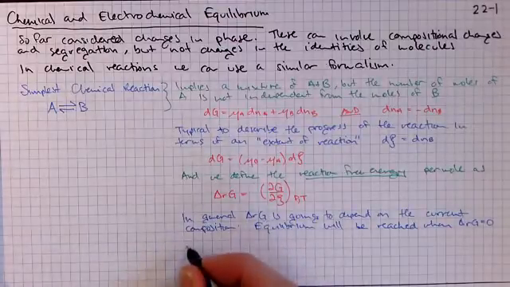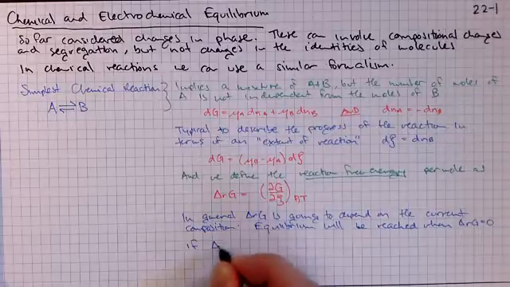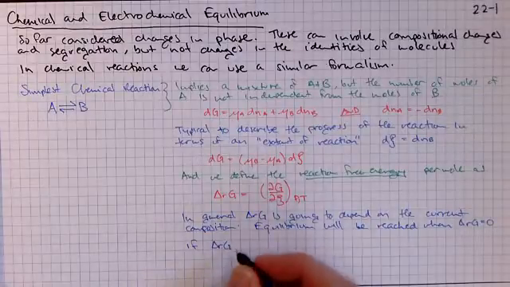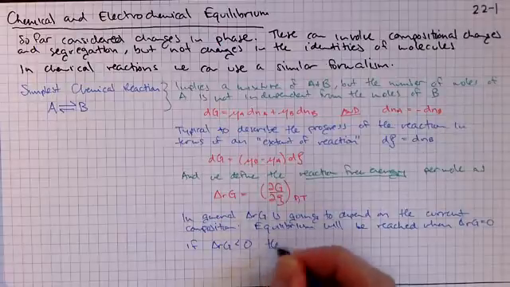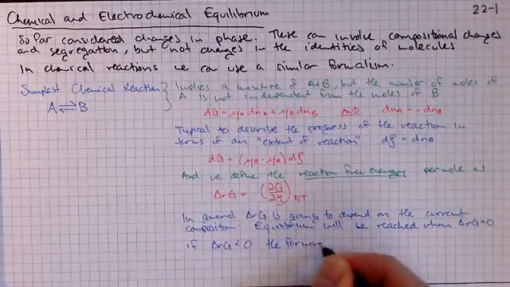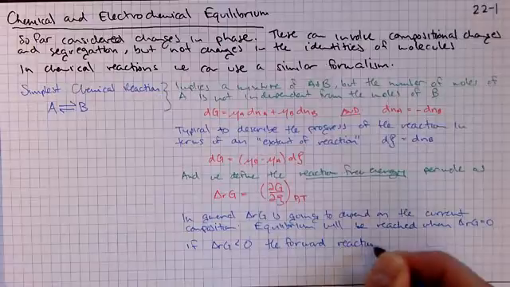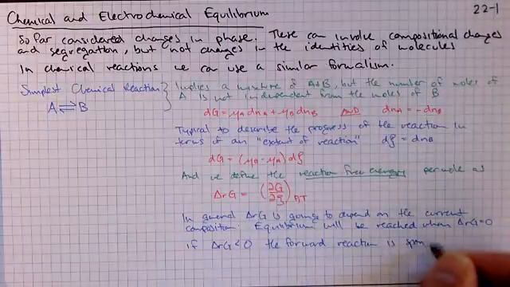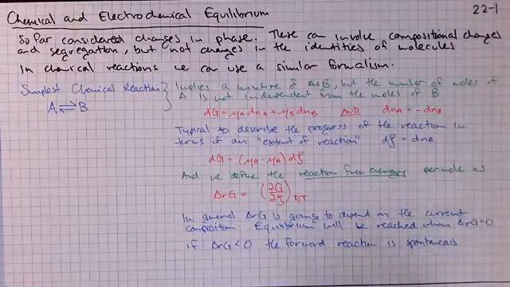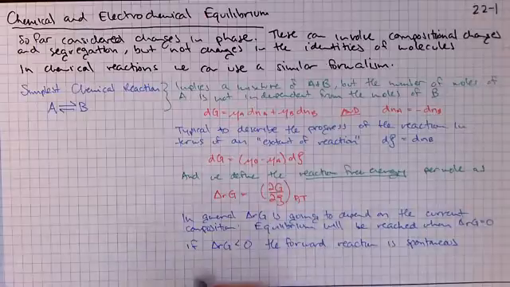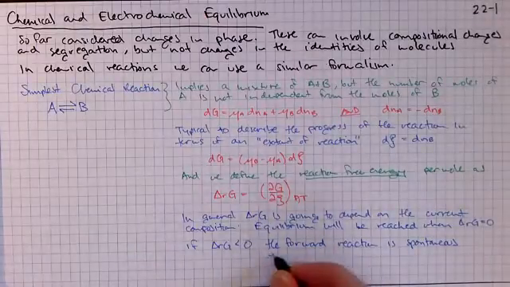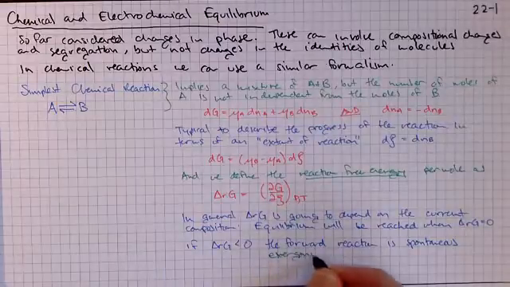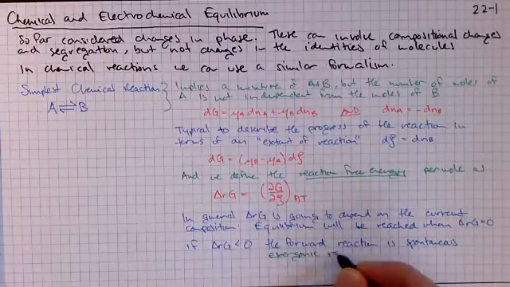And so we typically say that if delta Rg is less than 0, then the forward reaction is spontaneous. That's known as an exergonic reaction.